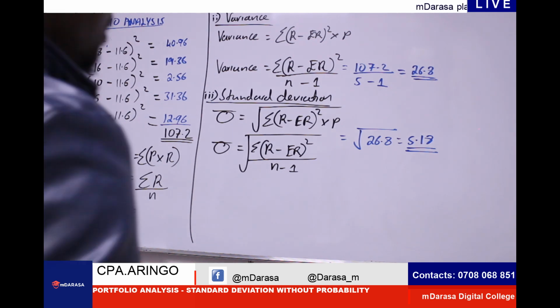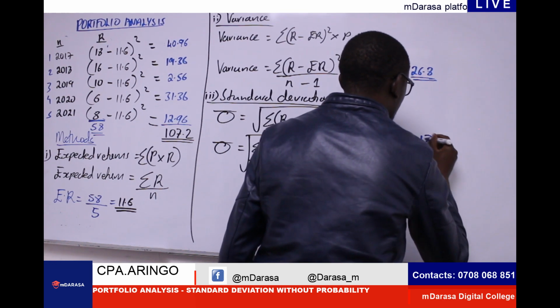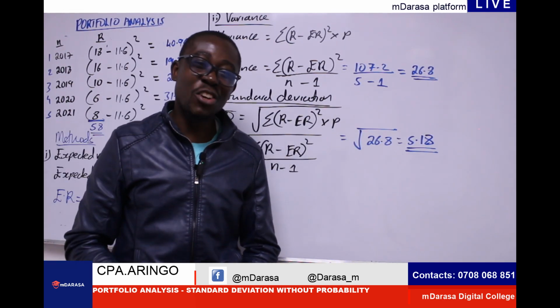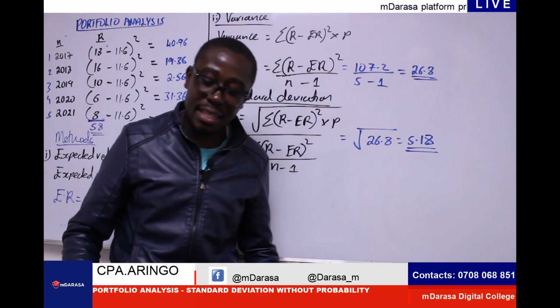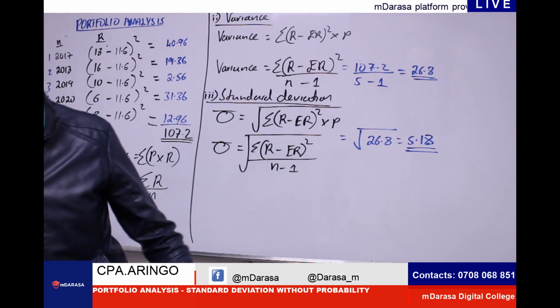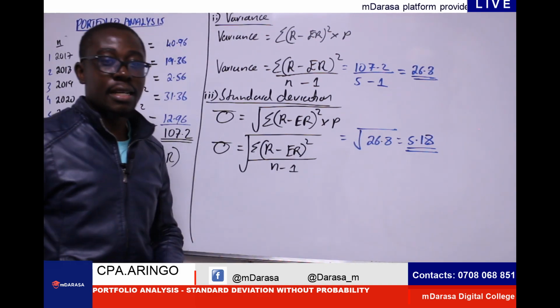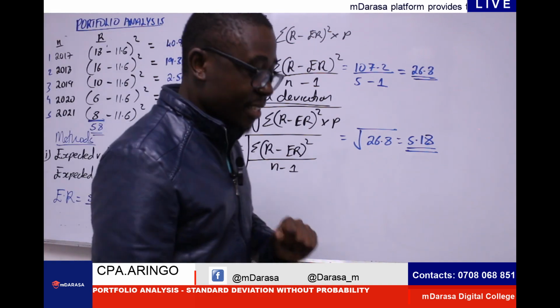So this is how you can determine your standard deviation without probability. Is your question answered? A lot of you have asked Mwalimu, how will you determine standard deviation without probability? I believe your question has now been answered using that simple illustration.